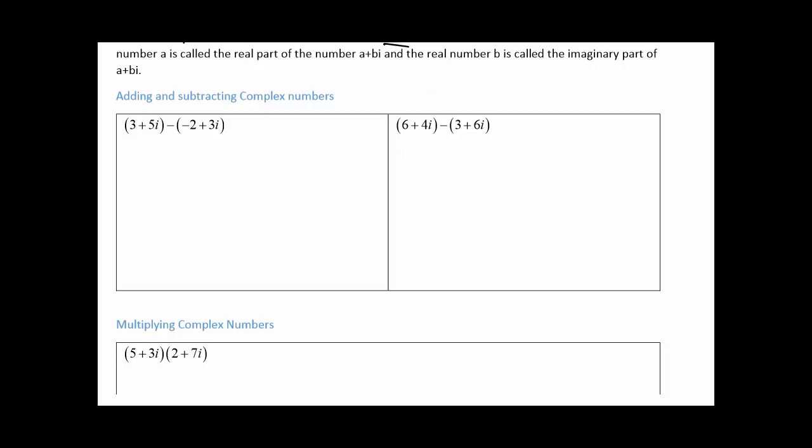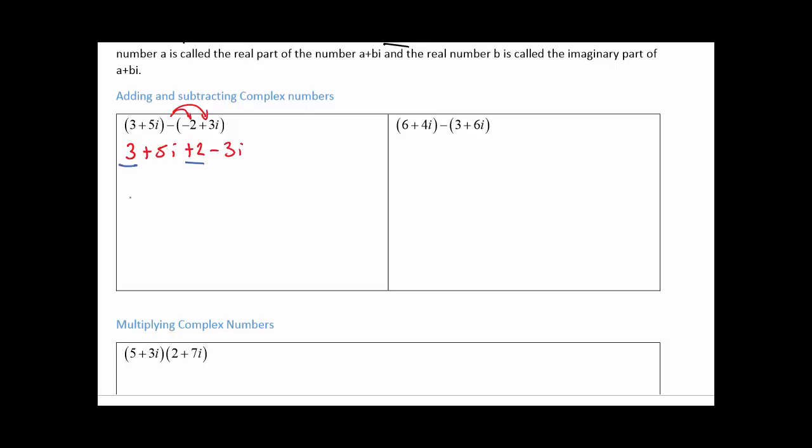Starting with this, so that minus sign we can distribute in to the second term. So we end up with 3 plus 5i. A negative and a negative means plus for the 2, and the negative and the plus 3i, a negative times a positive gives us a negative 3i. And then from here, we can combine like terms.